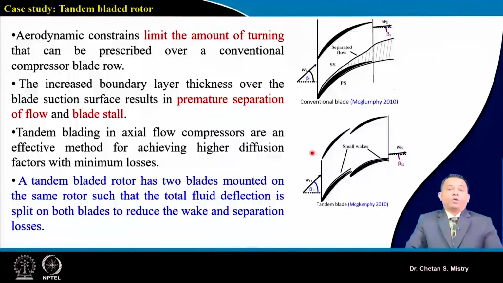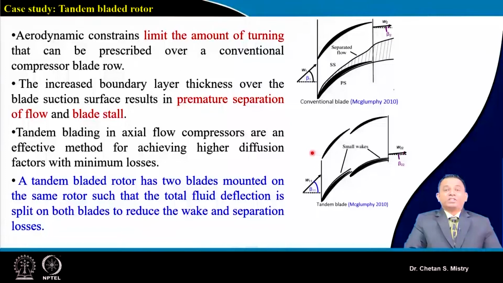We have discussed the present trend: it is looking for compact and lightweight compressors. Compact in the sense that the length and diameter need to be smaller, lightweight in the sense that the number of components needs to be lower. To achieve those requirements, the per stage pressure rise requirement will be very high.